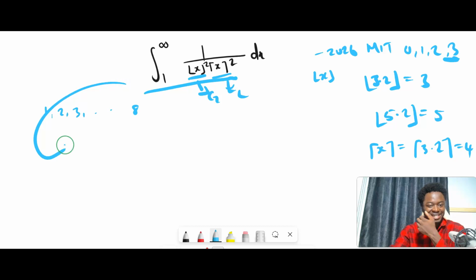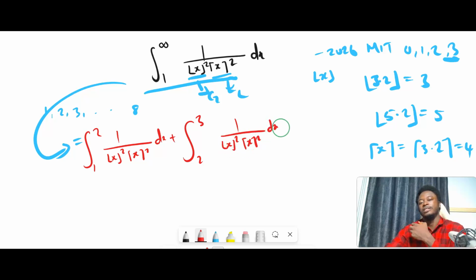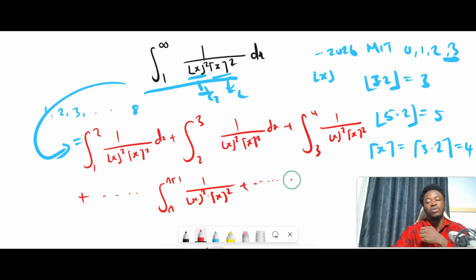So this integral equals the integral from 1 to 2 of 1 over the floor of x squared times the ceiling of x squared dx, plus the integral from 2 to 3 of the same, plus the integral from 3 to 4 of the same, and we can do this forever, up to the integral from n to n plus 1, which goes on to infinity.